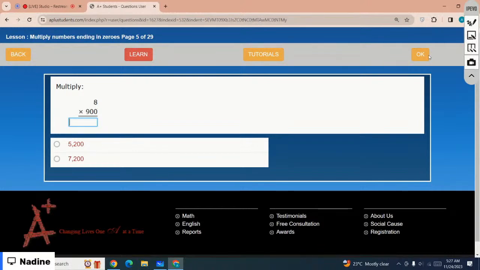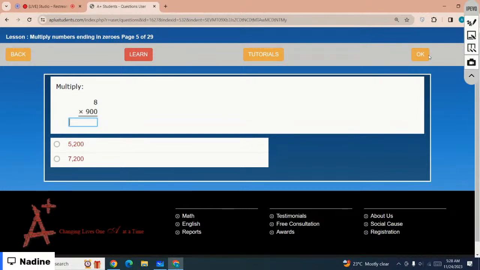Multiply 8 times 900, which is the correct option? 8 times 9 is 72, right?